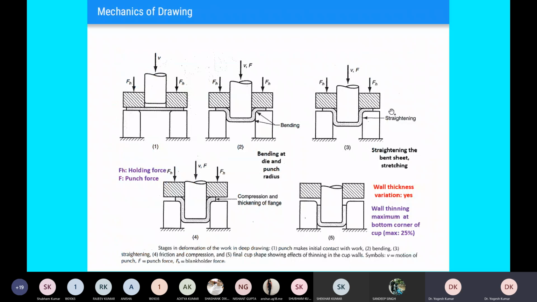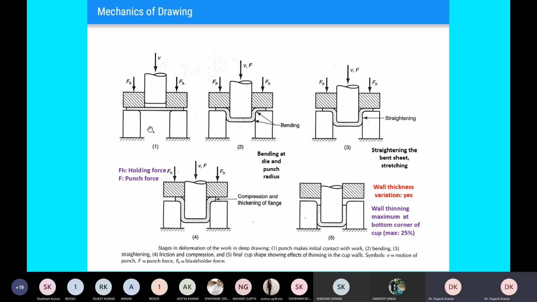Now we will try to understand the mechanism of drawing. Here I have shown 5 diagrams step by step, so we can understand how this deep drawing process takes place.